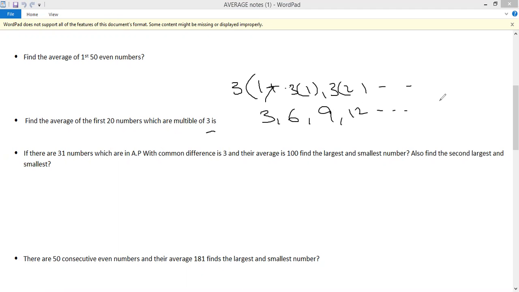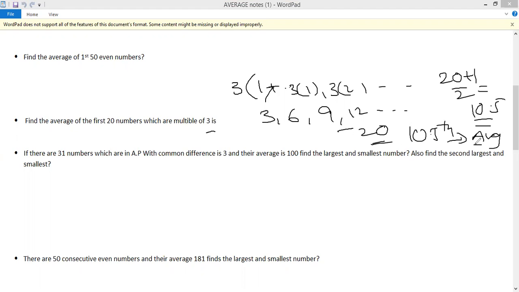How many numbers? 20 numbers. 20 plus 1 by 2 is 10.5. That number is the average term. The 10.5th term is the average, and you have to find this number.